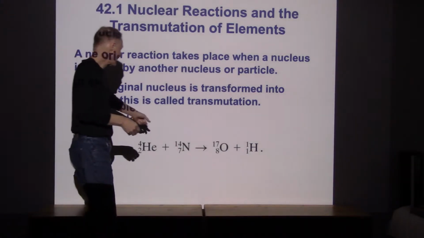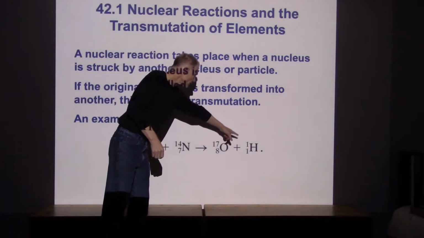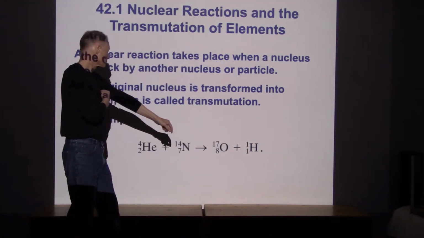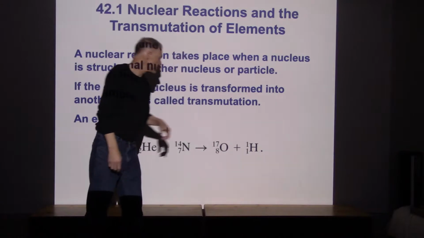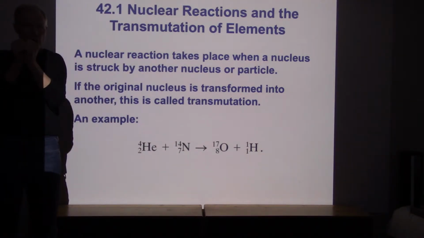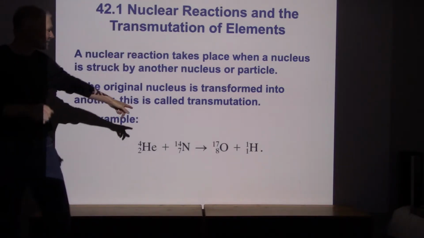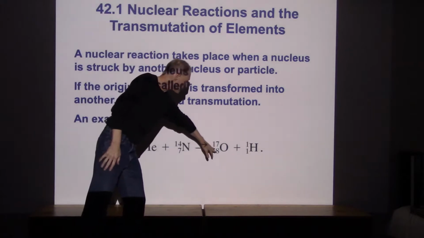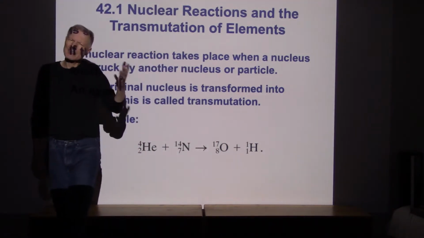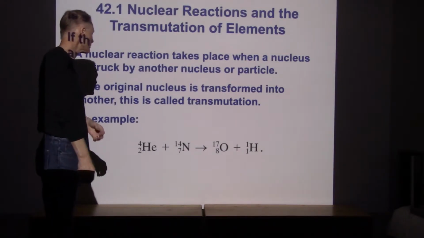What this is saying is they run together, and just one of those protons separates off. So I started with 9 protons and 9 neutrons in this configuration. One of the protons leaves, and what's left is the remaining 8 protons and 9 neutrons. So again, you can count protons and neutrons in some of these reactions.